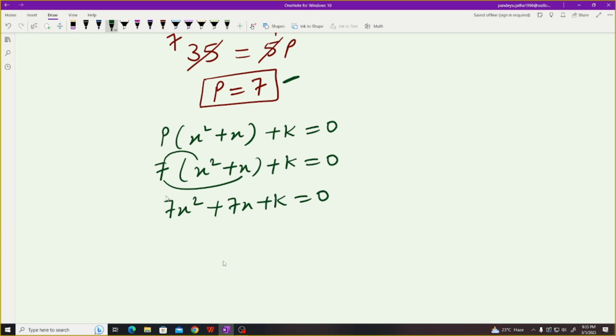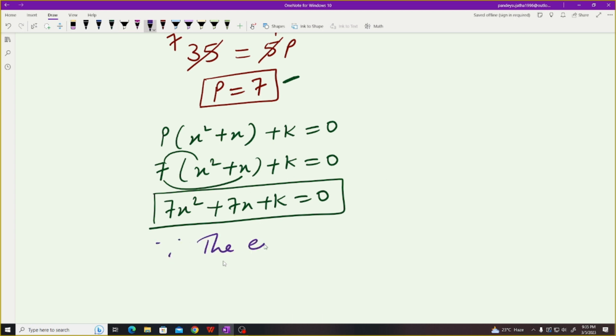So here this equation has equal roots, which is given in the question. Since the equation has equal roots, therefore D is equal to 0.